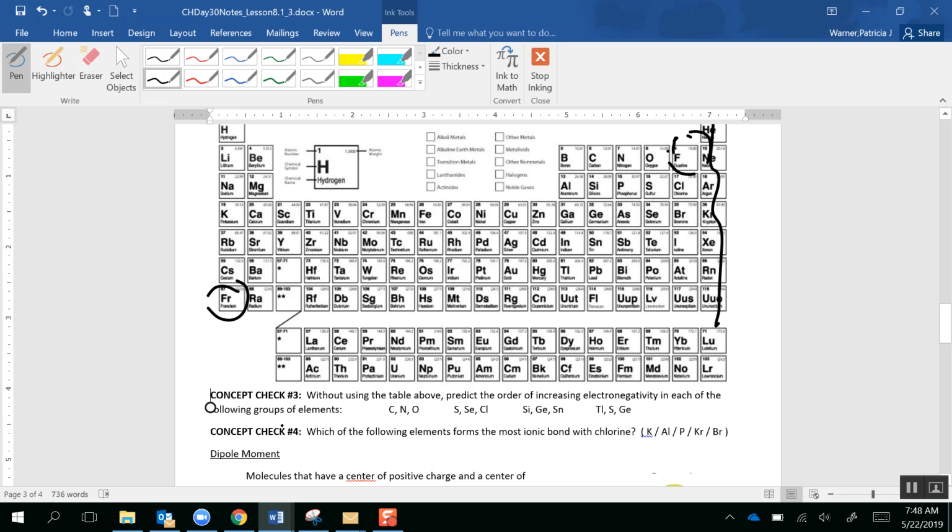So we're going to use the periodic table to predict the order of increasing electronegativity in each of the following groups of elements. We're going to look at C, N, O. As you go C, N, O, you get closer to fluorine, and so the electronegativity is going to increase in that direction.